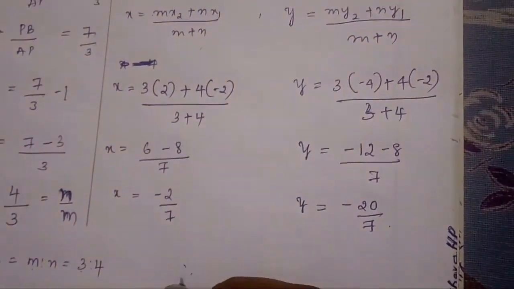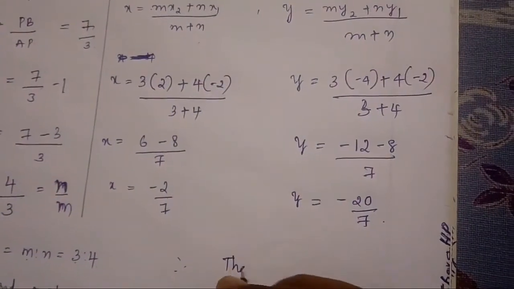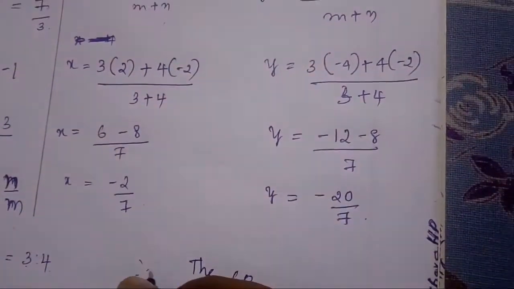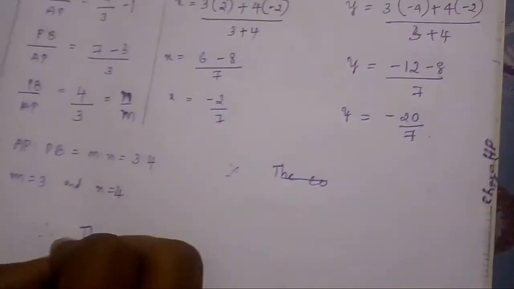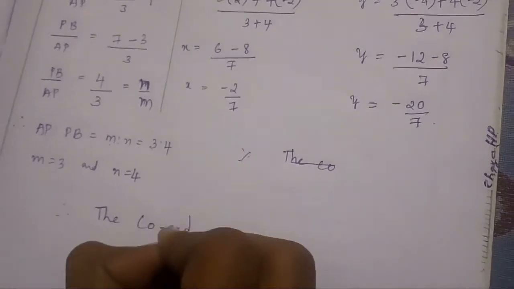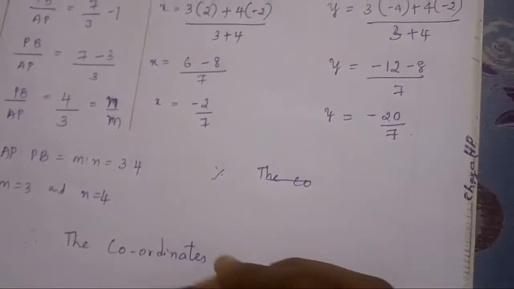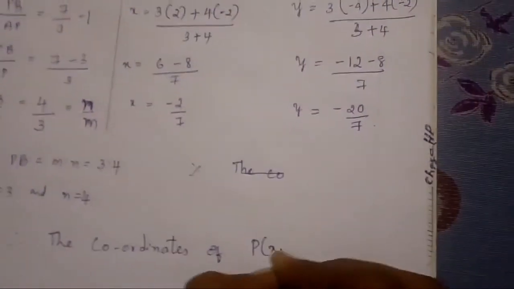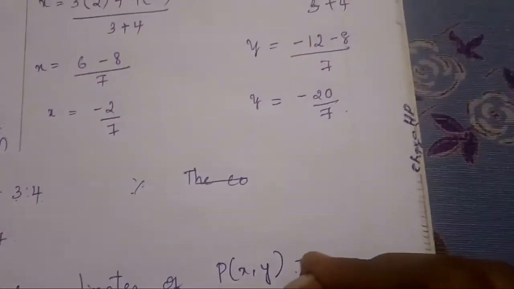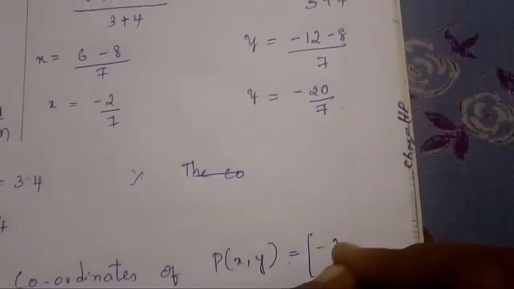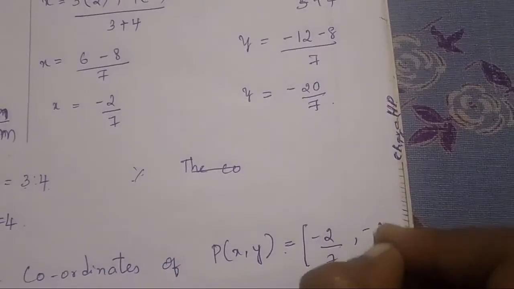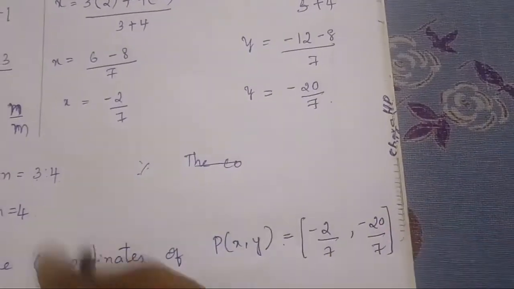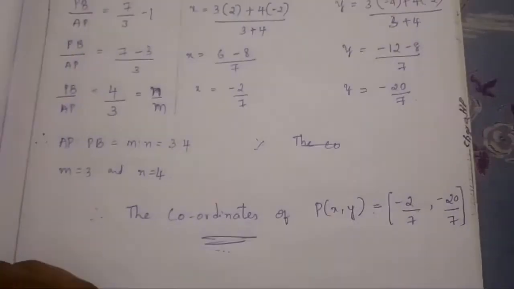Therefore, the coordinates of P of x comma y is equal to minus 2 by 7, comma, minus 20 by 7. Hence, solved.